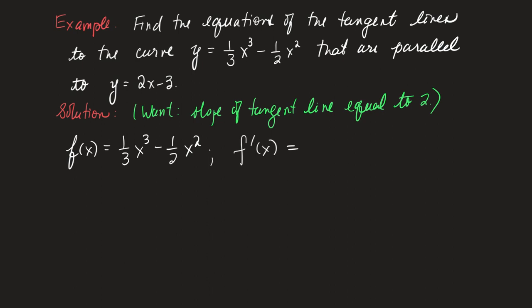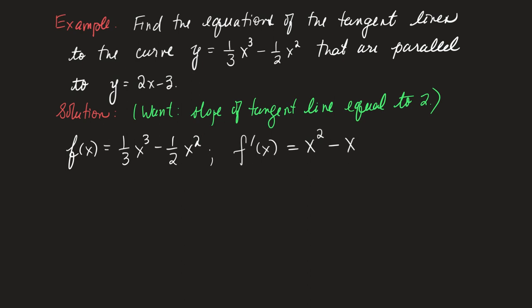So 3 times 1/3 is 1, and I get x to the 3 minus 1, which is x squared. And for the second part, I get minus 1/2 times 2, which is 1, and x to the 2 minus 1, which is x.